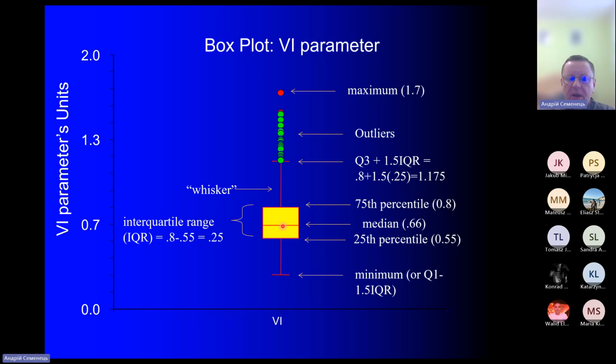Here it shows us the median, the interquartile range, and the expected minimum and maximum, which is Q1 minus 1.5 times the interquartile range, and the real maximum, real minimum, as well as outliers from our expected ideal data set.